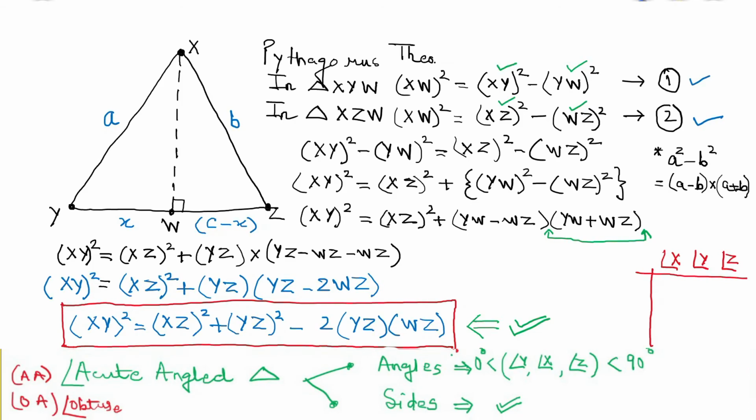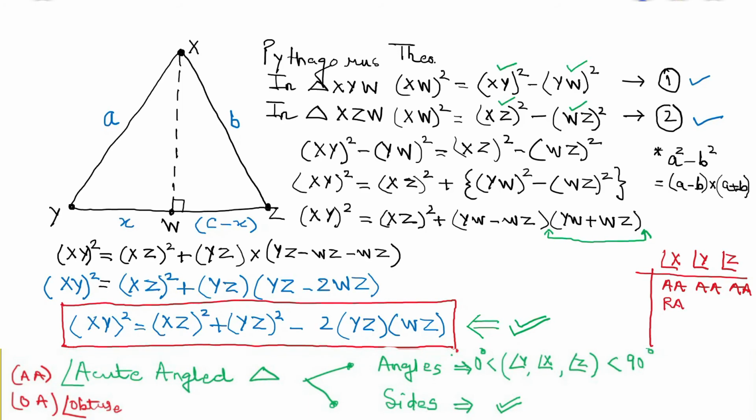Let me use AA for acute angle, and I'll be using OA for obtuse angle. So one case is all the three could be acute angles. In that case only we call it an acute angle triangle. In the other case, one angle could be a right angle.